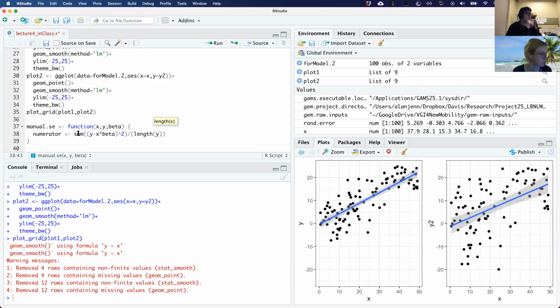That is what the big N is, essentially the number of points in the data, minus 2. Then we have a denominator, which is the sum of x minus the mean of x, squared. And then our output is going to be the square root of the numerator divided by the denominator.